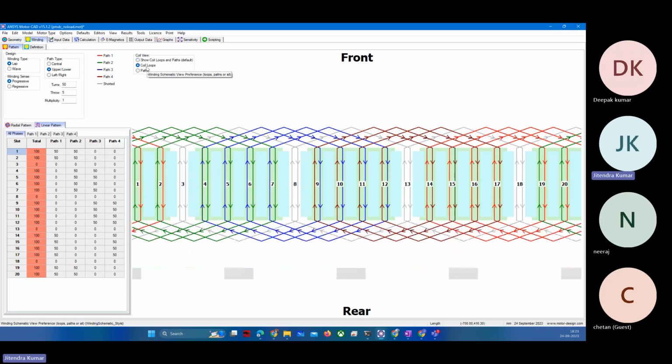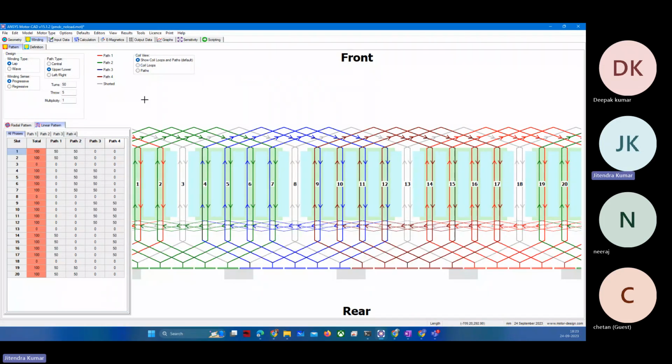Any question in this winding section? Sir, one thing I wanted to ask: will the top and bottom winding not get affected by the flux? You mean these sections, right? Yes, sir. Actually they are not active winding.